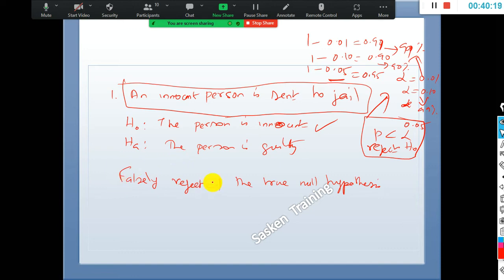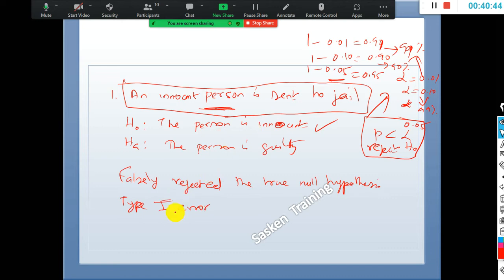If you reject the true null hypothesis, actually this person is innocent, and mistakenly you reject the true null hypothesis and consider this person guilty, this is called your type 1 error. Rejecting the true null hypothesis is called a type 1 error.